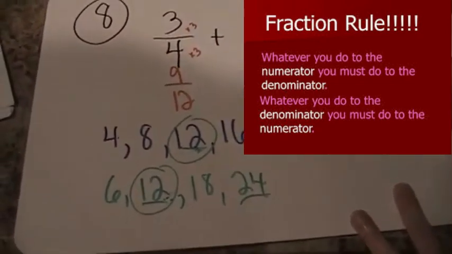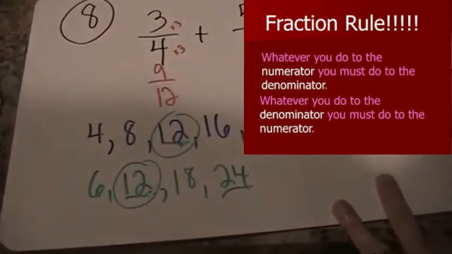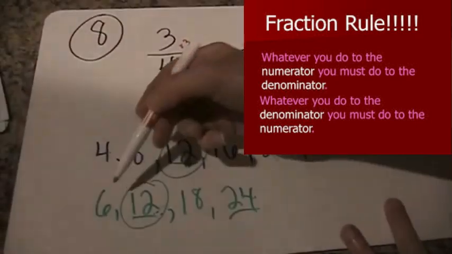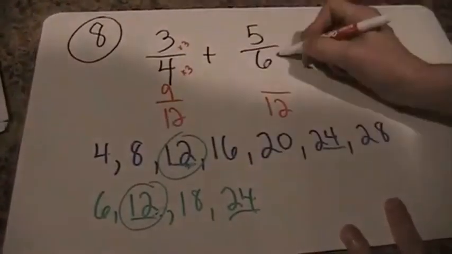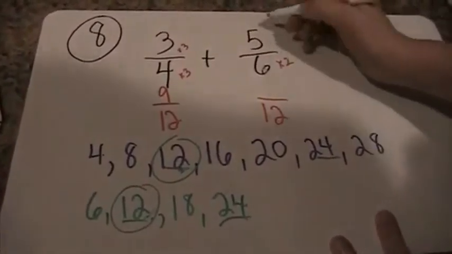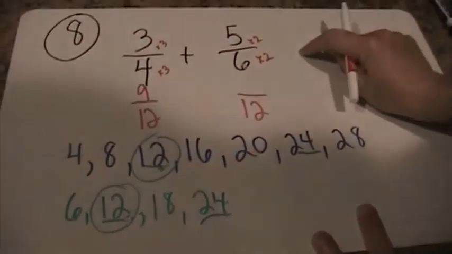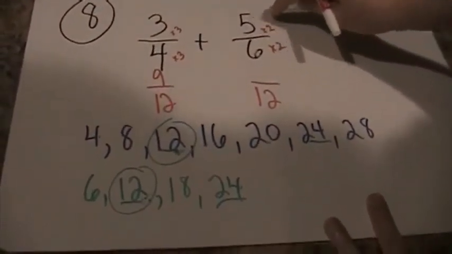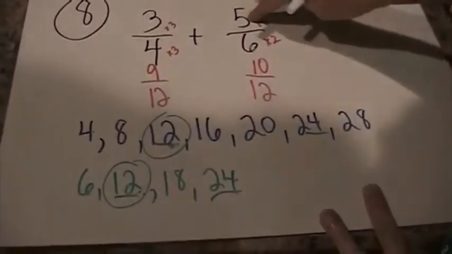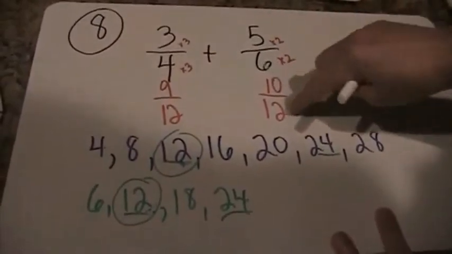Okay, over here I'm changing 6 to 12ths. So 6 times 1, 2. 6 times 2 is 12. So if I do times 2 to the denominator, I need to do it to the numerator to make it an equivalent fraction. 5 times 2 is 10. So 5/6 is equivalent to 10/12.